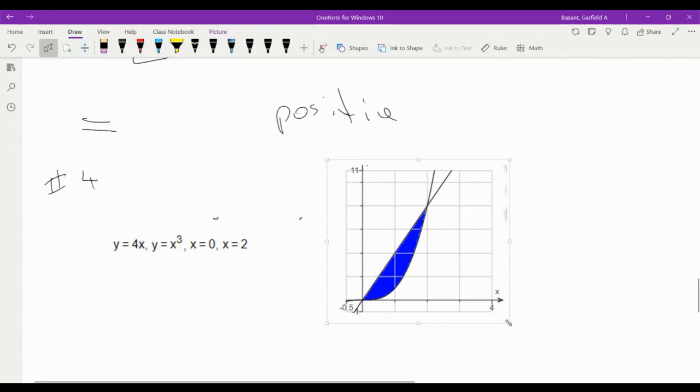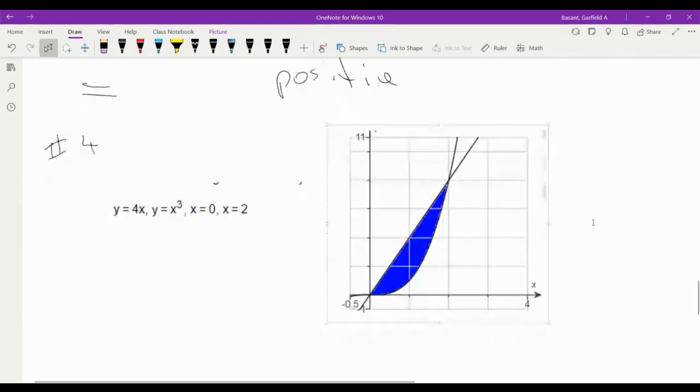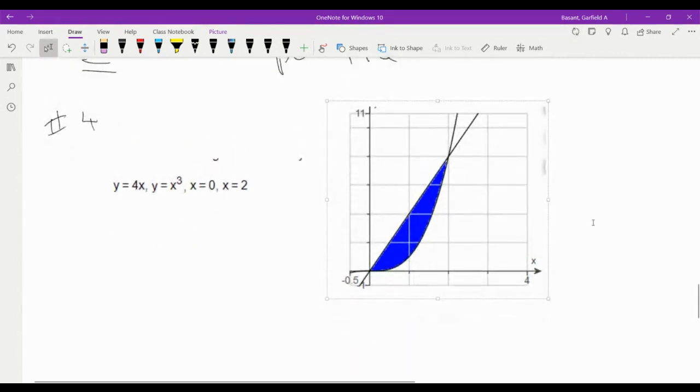Louis, can you see this? They're not even calling them F and G, right? They're just calling them Y because they're just two equations. So let's call them for our sake Y1 and Y2. So this is Y1 and Y2.